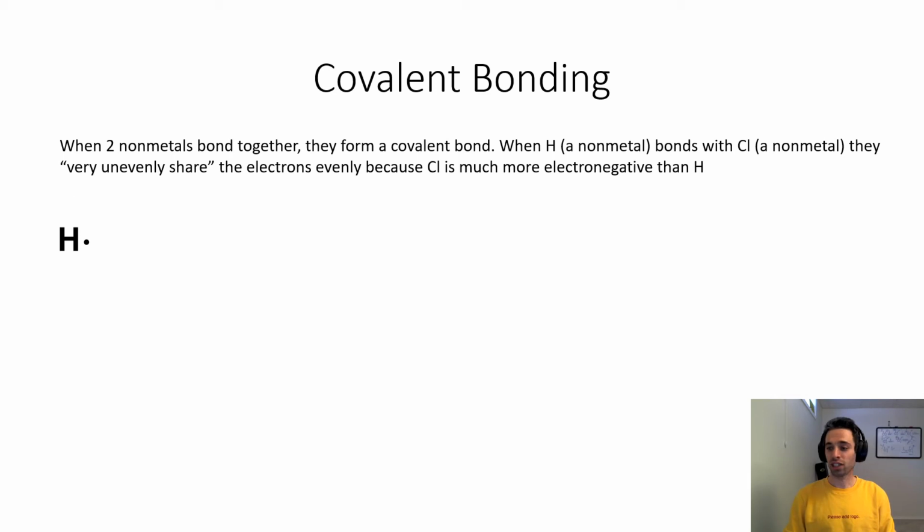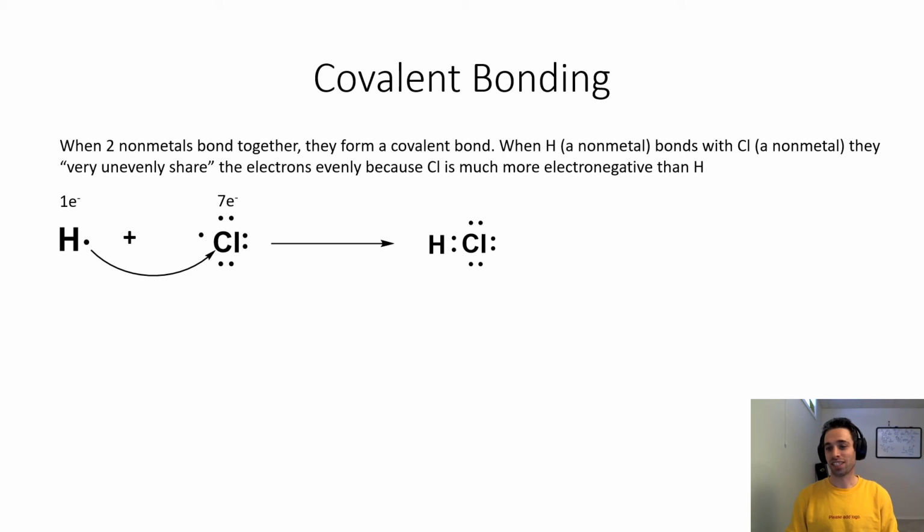When hydrogen, with its one valence electron, combines with chlorine, with its 7 valence electrons, we talked about before how the hydrogen sort of donates its one electron. In this case, it'll be a very uneven sharing of electrons, not quite a donation as with the ionic bond.